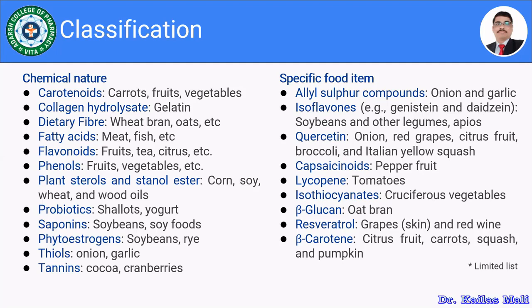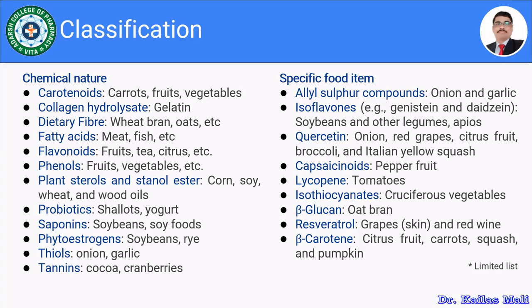Then specific food item, furthermore, the nutraceuticals are going to be classified as allyl sulfur compounds, isoflavones, quercetins, capsaicinoids, then lycopene, isothiocyanates, beta-glucan, resveratrol, beta-carotene.